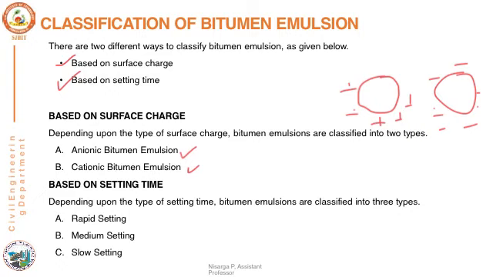Based upon setting time, we can classify the emulsion as rapid setting, medium setting and slow setting. Setting time is nothing but the time taken for a bitumen emulsion to break and attain the adhesion property. Depending upon that time, you can classify the bituminous emulsion into rapid setting, medium setting and slow setting.